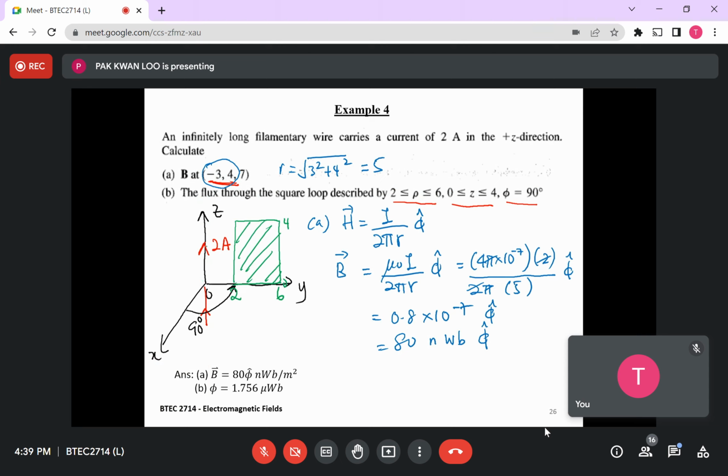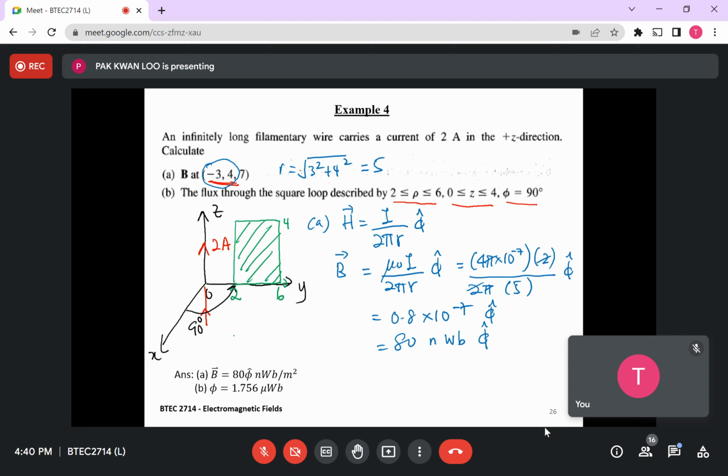Using Ampere's law, we knew that the magnetic field is circulating around the current element. Therefore, it will pass through this surface area.